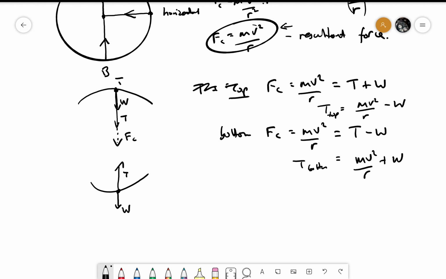In other words, the tension at the bottom is greater than the tension at the top. Interesting, isn't it? So if this is a weak piece of string and you're whirling a heavy-ish mass, it's more likely to break when the mass reaches the bottom of the swing than it is at the top.